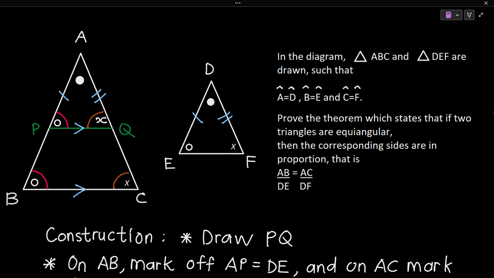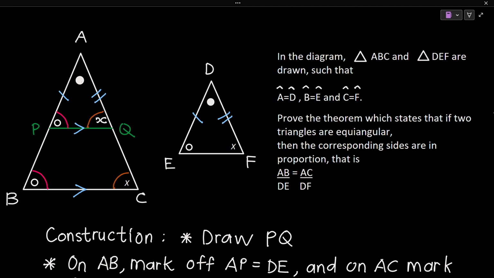So based on what we have, we've got PQ being parallel to BC, so we can actually write out the sides that are in proportion with each other. And we're also trying to write it out in a way that is going to get us to this answer that they want. Let's focus on the left-hand side. So the answer that they are looking for has AB in the numerator, which is the entire length. So we are going to take AB over the shorter side, AP.